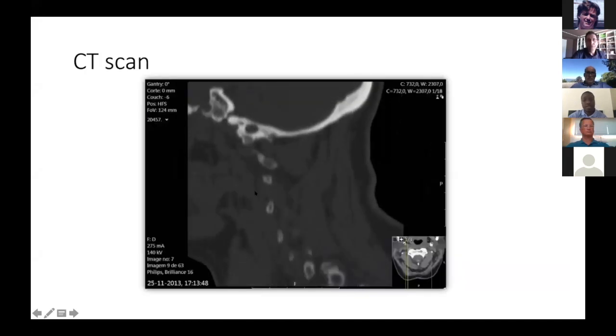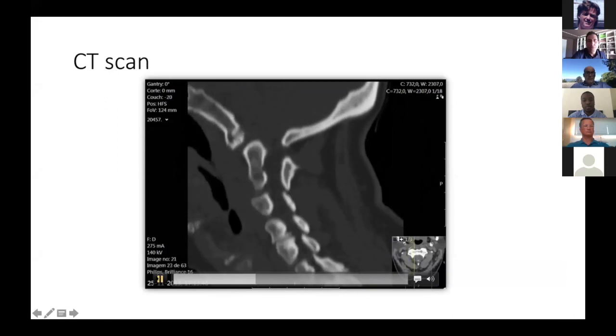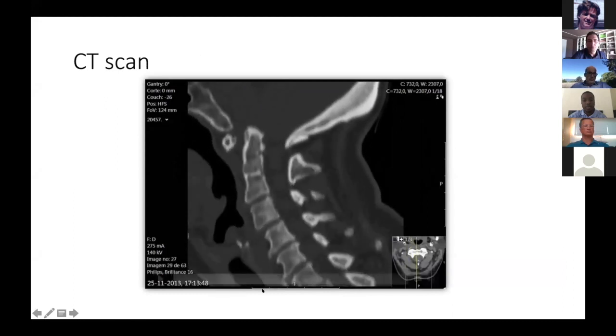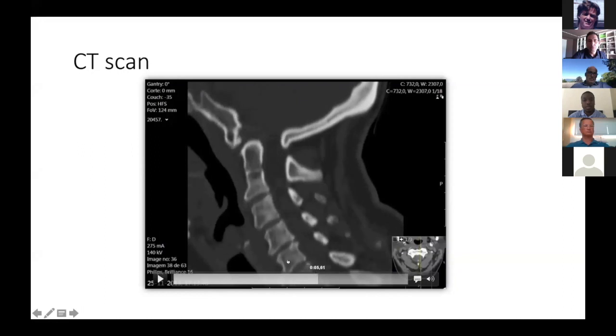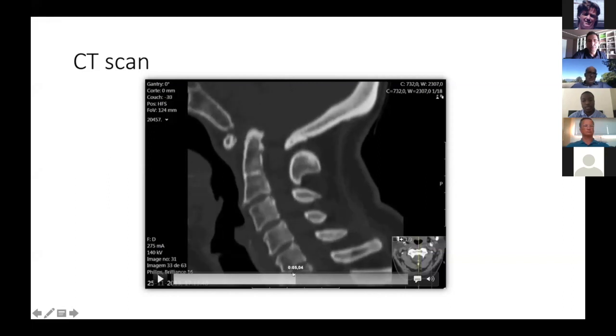So we asked for this CT scan and we confirmed that there was assimilation of the posterior arch of C1, as you can see here. Yes, there was a fusion of C2, C3. There was an increased distance of the odontoid away from the anterior tubercle of C1, and there was a superior or cranial position of the odontoid tip.